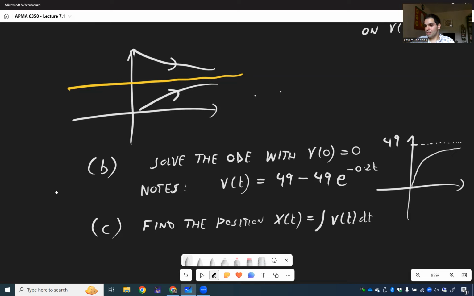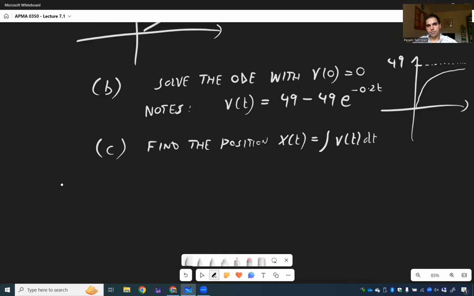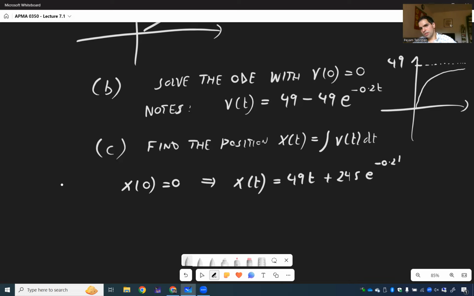And then I think if you use x of 0 equals 0, you actually find a nice formula. x of t is 49t plus 245 e to the minus 0.2t minus 245. You can work out the algebra if you want.